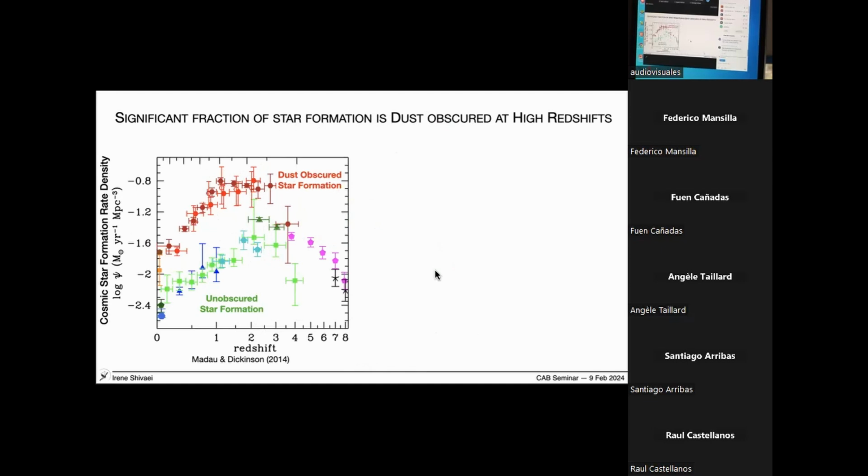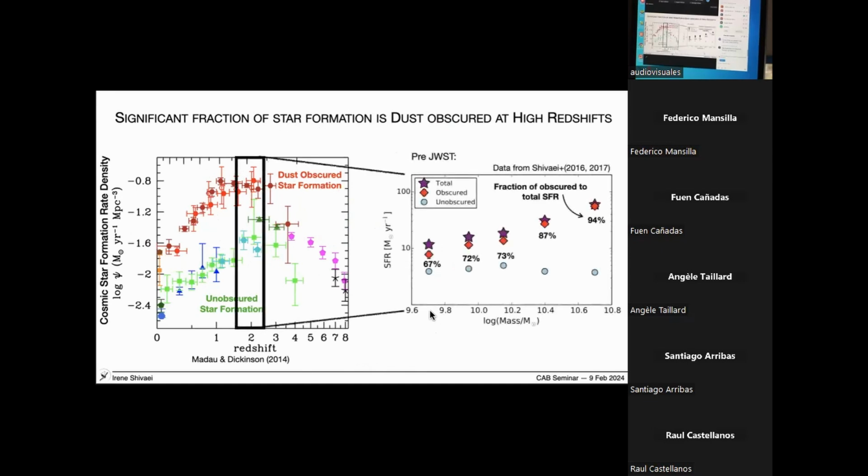And at each of these epochs, if we look at the star formation rate of galaxies as a function of stellar mass, we see that the majority of star formation for typical galaxies is in the obscured phase. So here I'm showing the total star formation rate of these galaxies, averaged in bins of mass.